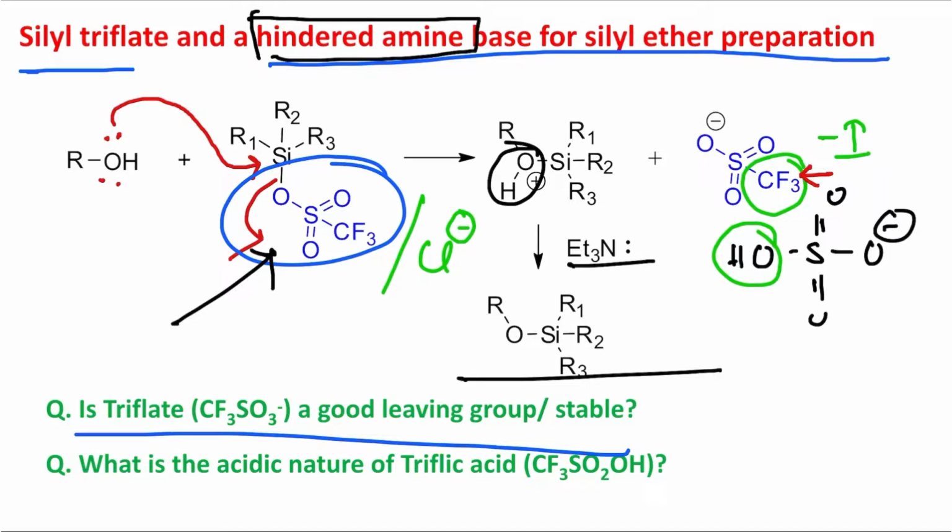So that's why this anion, this conjugate base of trifluoromethanesulfonic acid or triflic acid, is student highly stable. Okay, so if it is highly stable, this is a very good leaving group, so it leaves very easily.